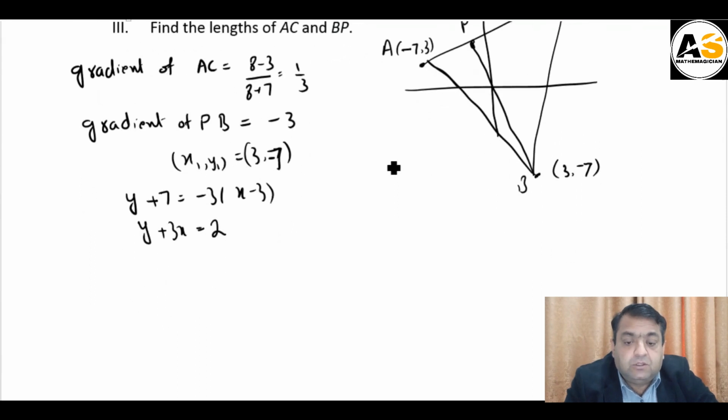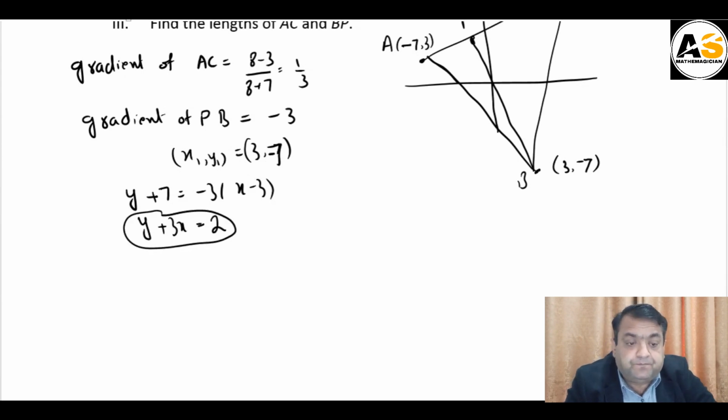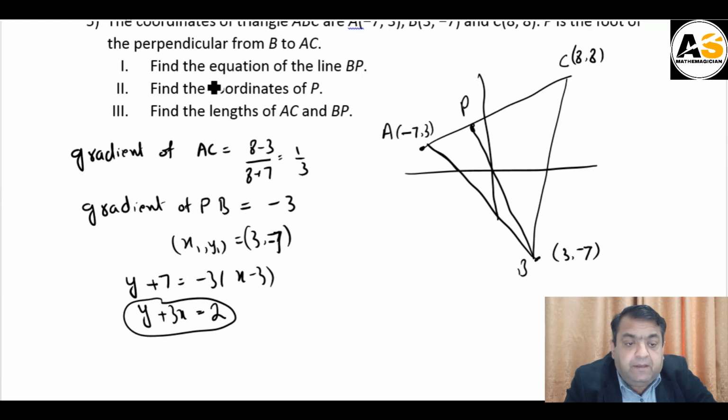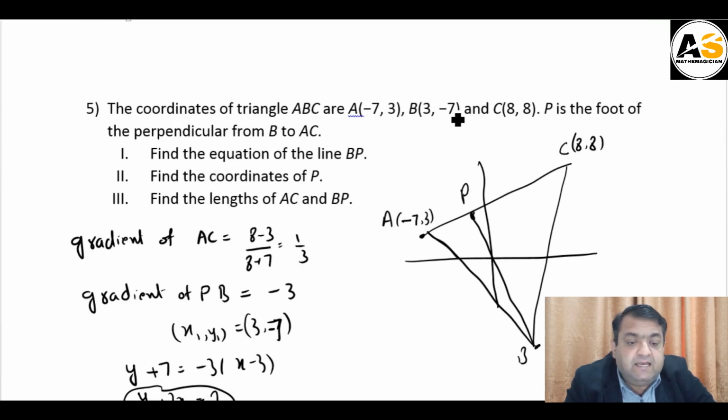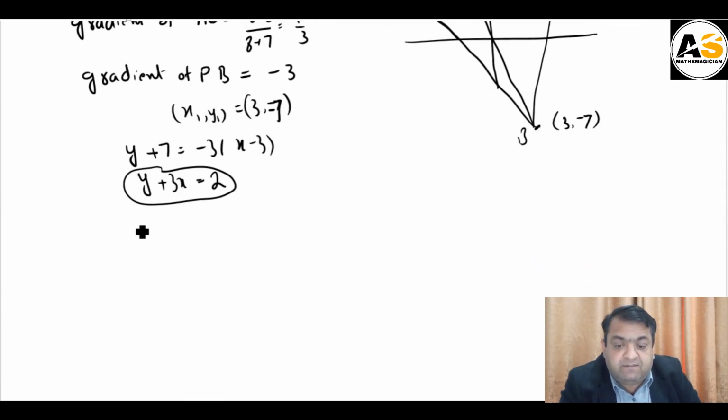This is the equation of PB, right? Also, AC passes through A and C. This is A and this is C. A is (-7, 3) and C is (8, 8).